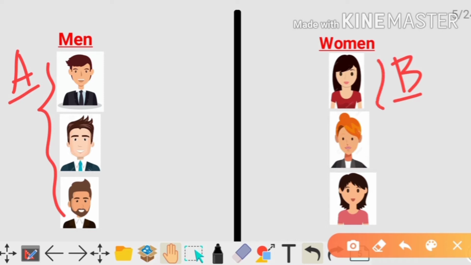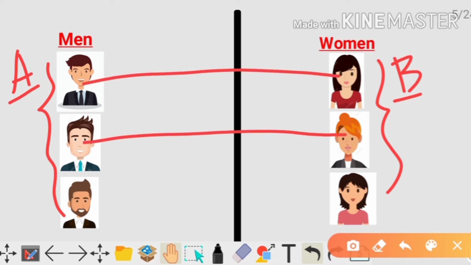Similarly, these three ladies of the set B cannot marry 2 boys or 3 boys at the same time. So if this person married this girl and this person married this girl, then this person has to marry this girl. So this is an example of an injective function. That means every point of the domain set has a different image.